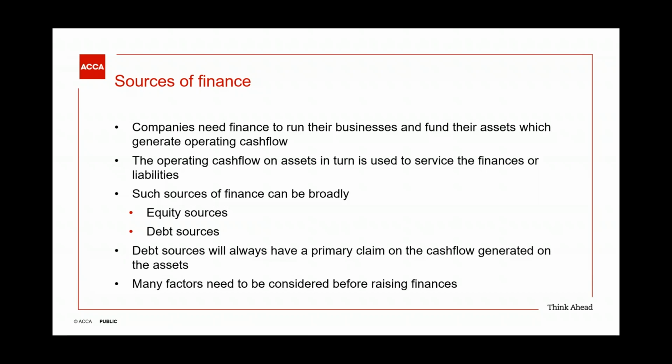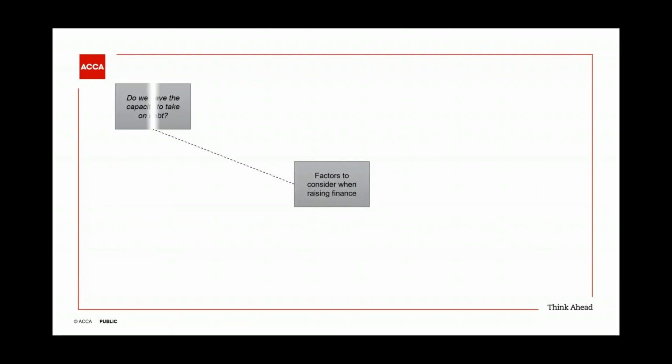So when it comes to this, I've also looked at here that there are many factors you need to consider when you choose finances for your business. I've just listed some of them out here. One important thing is you always look at, do you have the capacity to take on debt? For some companies, their gearing levels are already too excessive.